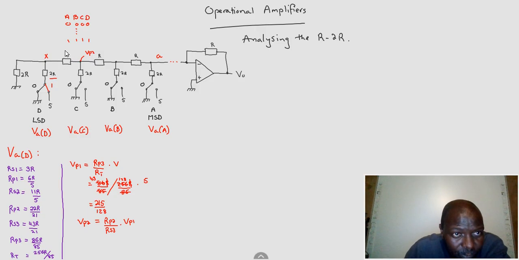So for that point, this will be equal to R parallel 2, which is 22R over 21, divided by R series 3, which is 86R over 85, times the voltage there, which is 215 over 128.